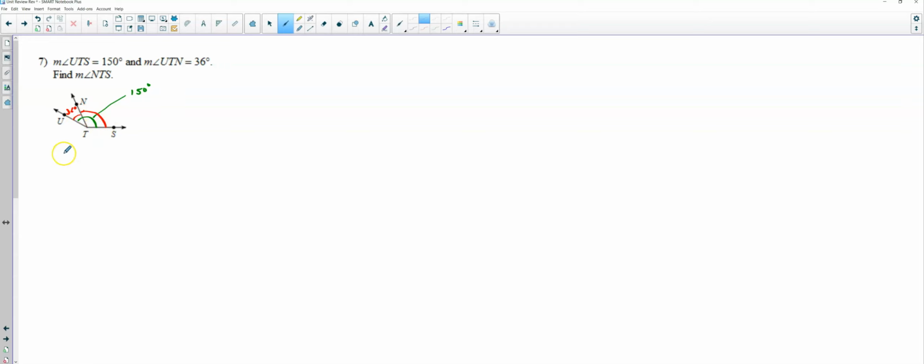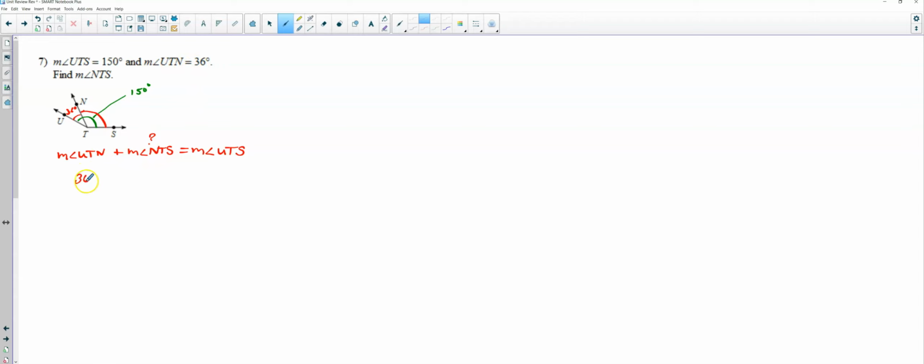So that means that the measurement of angle UTN plus the measurement of angle NTS equals the measurement of angle UTS. What is the question? Find the measurement of angle NTS. That's the question right here. So UTN is given at 36 degrees right here, 36.